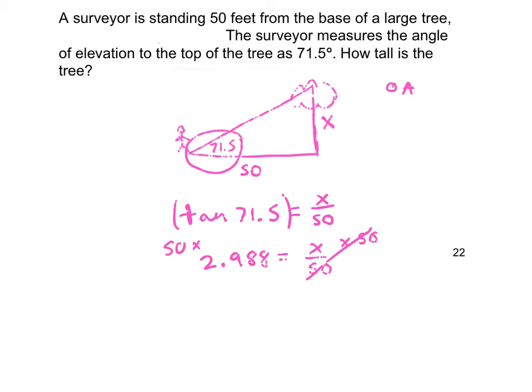What do we get? 149.434. Everybody agrees? What unit would this be? Feet. Perfect. So this is the height of our tree.